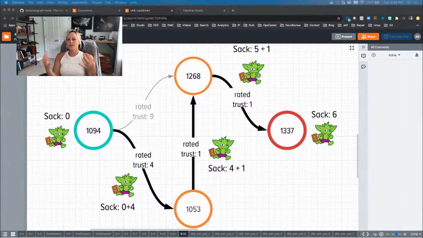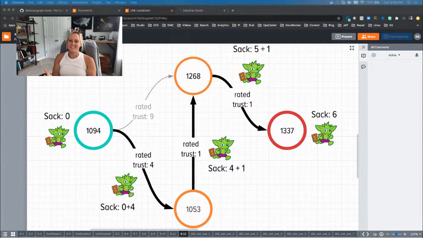Okay, so I see that. How do you reason about that to say that that path means that you trust them? And to that point, if we were to just make that path from 1094 to 1053, correct me if I'm off on this, if that was -10, why would I even trust 1053's rating of something else along that path?